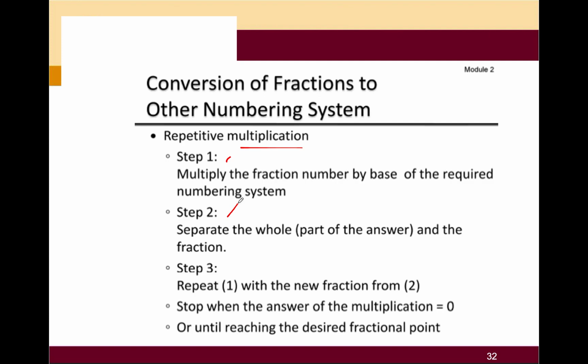And lastly, you need to repeat with the new fraction from step 1. Stop when the answer of the multiplication is equal to 0. It is similar to the repetition of divisions, but now it is multiplication, or until you reach the desired fractional point.